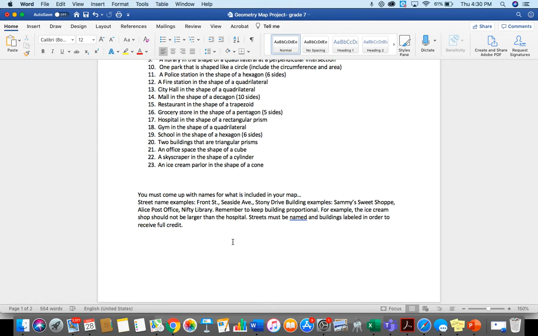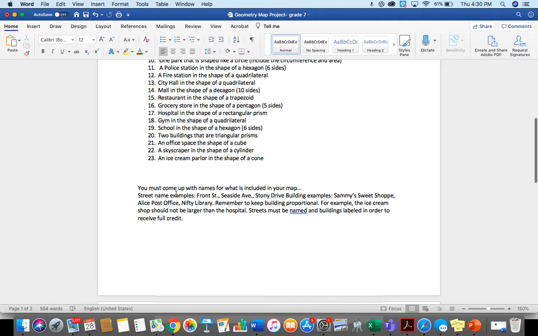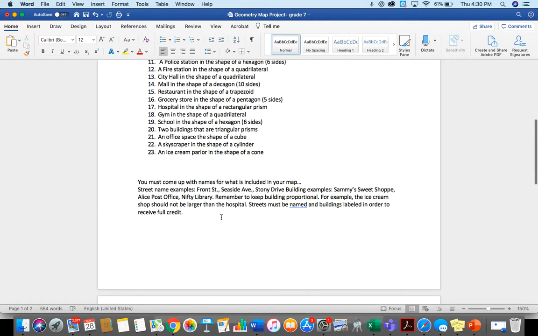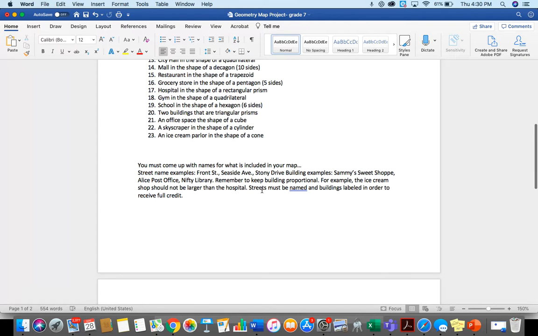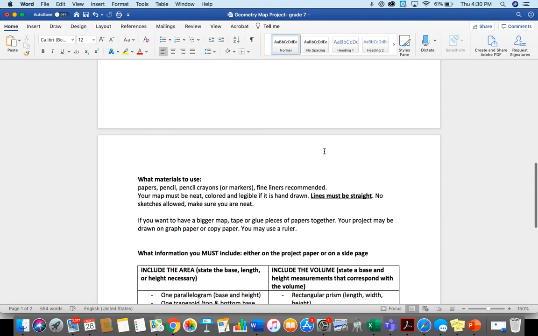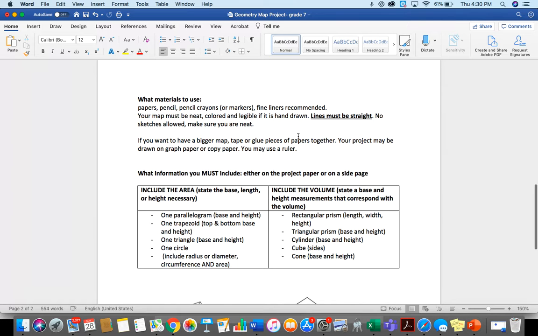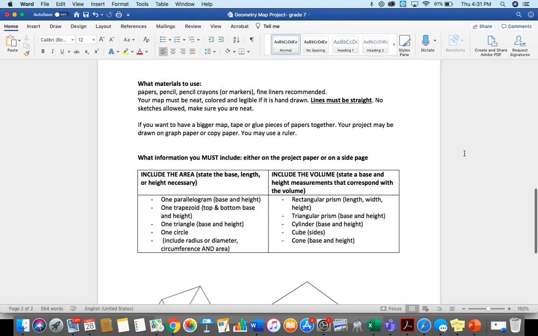So street names and building names must have their own thing. For example, it says school. You could make it Aubrey Elementary School if you want. So just remember to give a creative name to what you have included. And I said street names and buildings must be named in order to receive full credit, and you must label it. Okay.